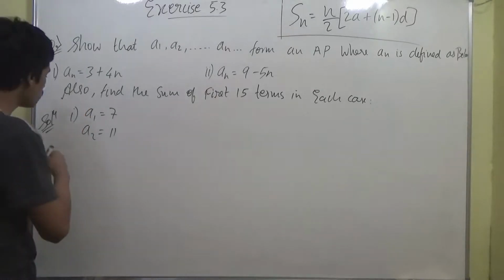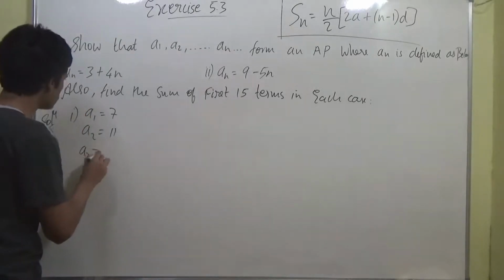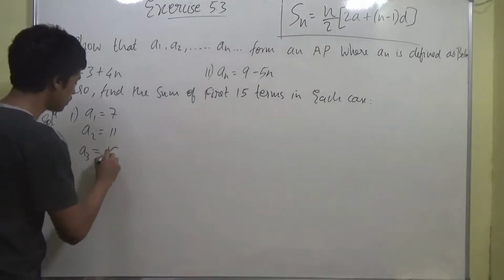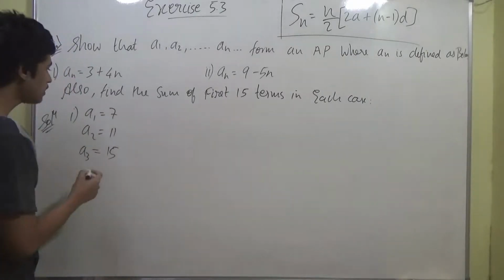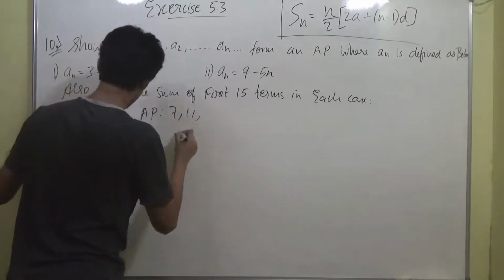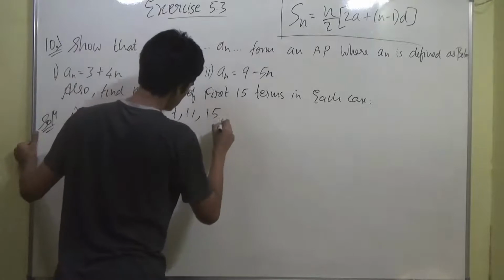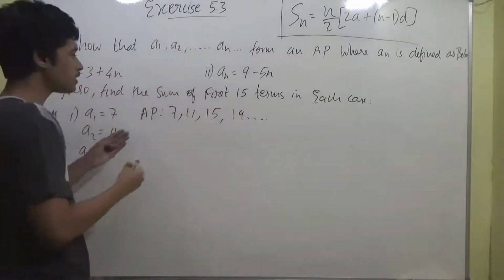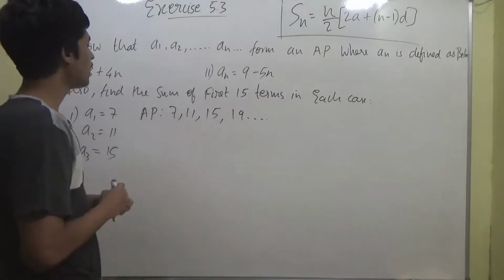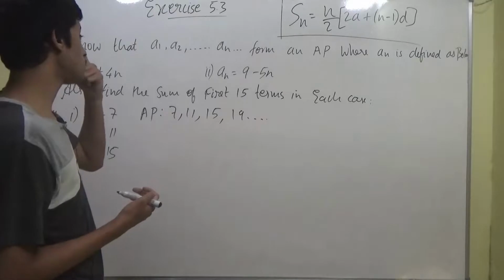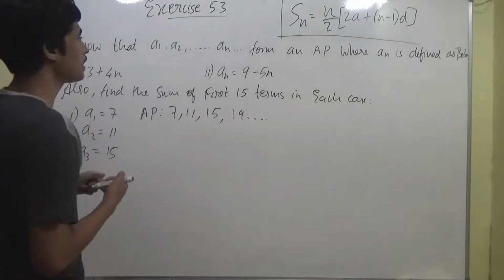And then when you put the value of n as 3, a3 will become equal to 3 plus 4 into 3, that is 12, it will become equal to 15. So if you see this, guys, it forms an AP, right? So the AP is 7, 11, 15, right? And then 19 and so on. If you see, the common difference between each term is 4 and the first term of the AP is 7. Okay, so we are to show that it forms an AP, right?